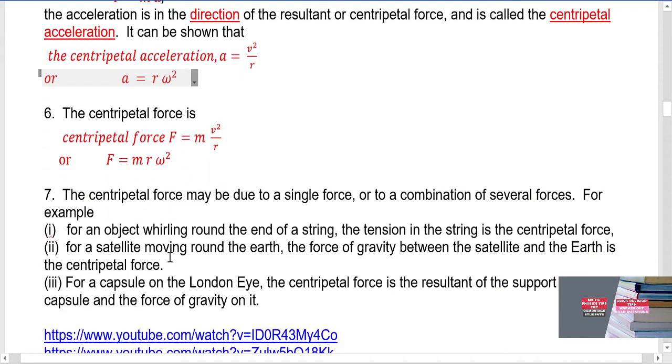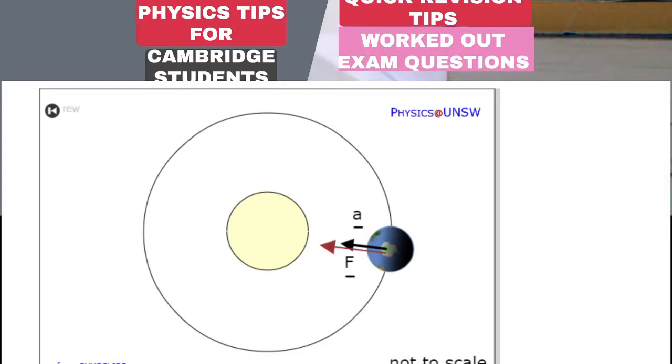Now the centripetal force may be due to a single force or a combination of several forces. For example, for an object whirling around the end of a string, the tension in the string is the centripetal force. For a satellite moving around the Earth, the force of gravity between the satellite and the Earth is the centripetal force. Now, in the video that I just showed you, the force of attraction between the Earth and the Sun, here we're going to take this blue thing as the Earth, and then the Sun will be the red one.